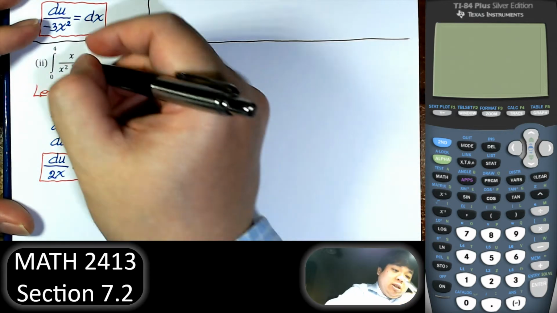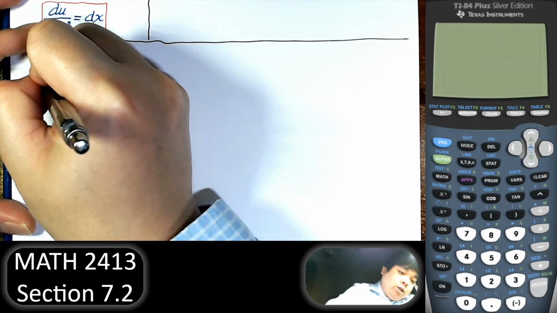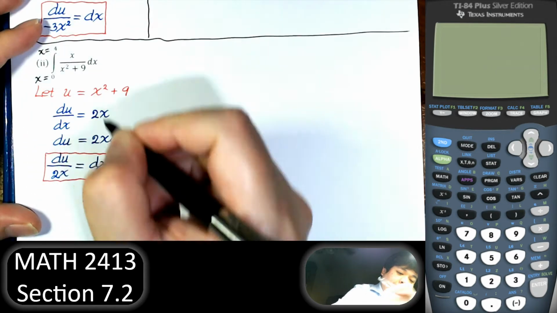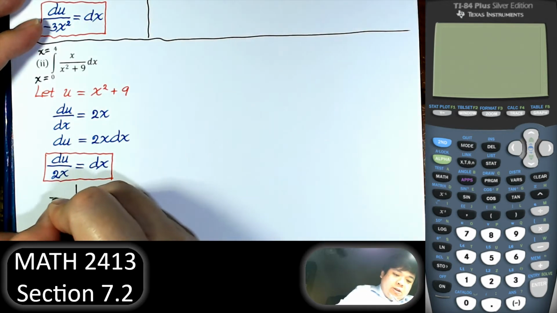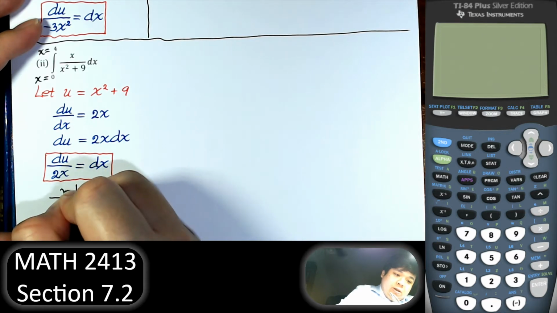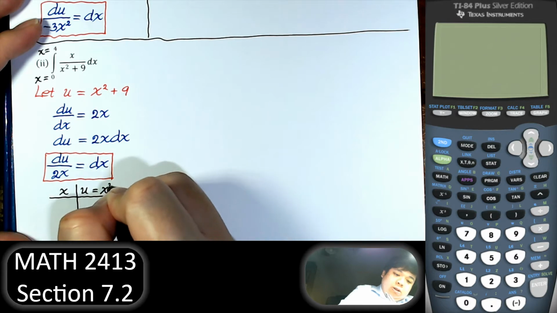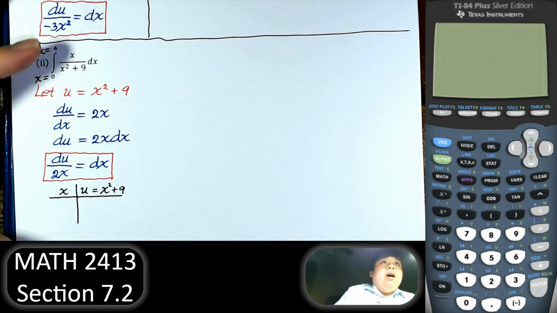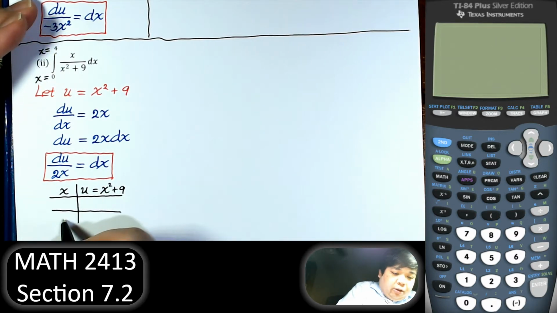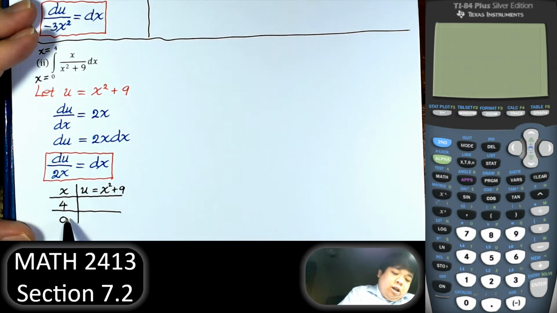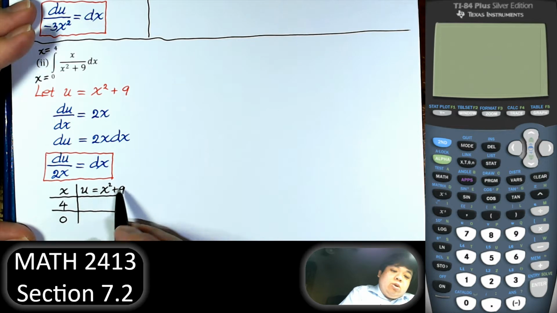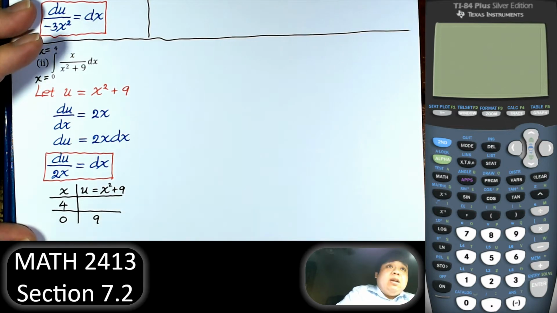Now change the limits. Originally we have x equal to 0 to x equal to 4. So just make a table. Go from 0 to 4. When x equal to 0, 0 squared plus 9 is 9.